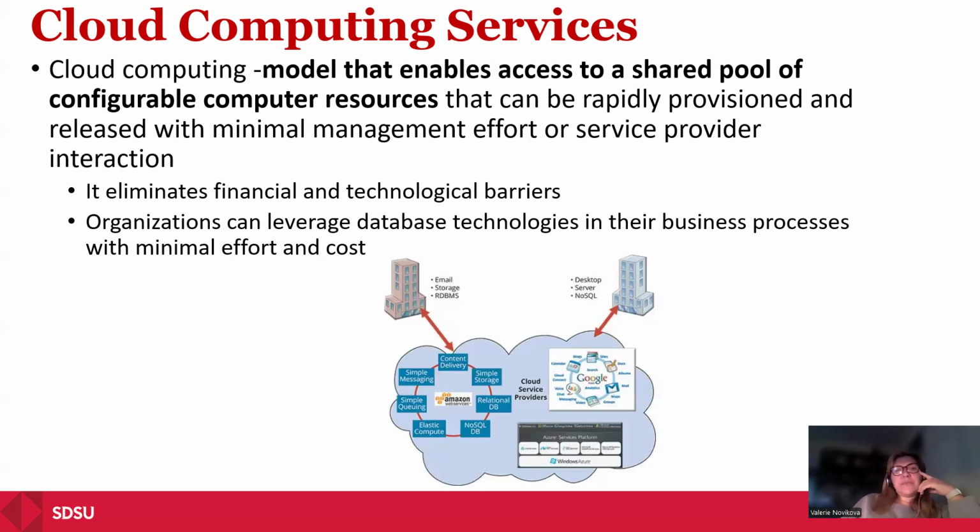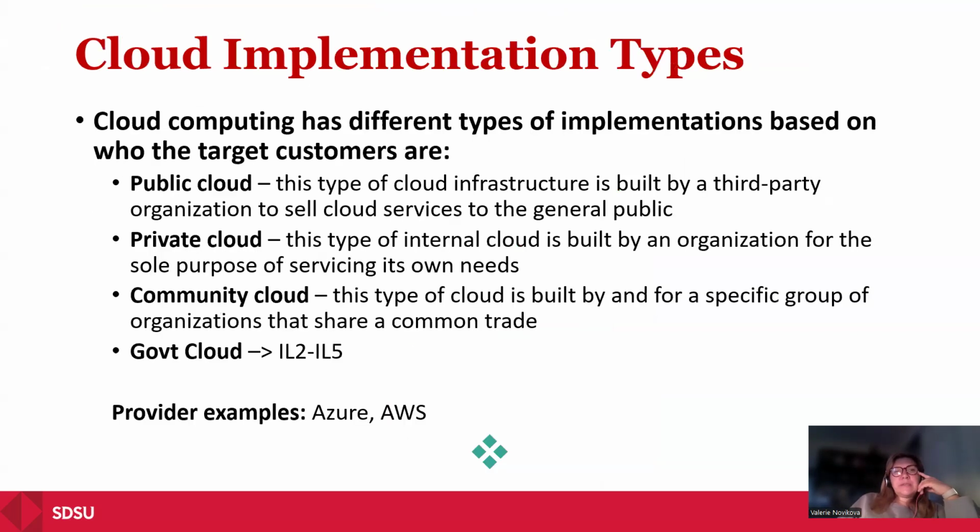And when it comes to cloud computing services, there are many different implementation types. It can be a public cloud. This type of cloud allows you to store information for any public use. For example, I personally host my website in the AWS public cloud.